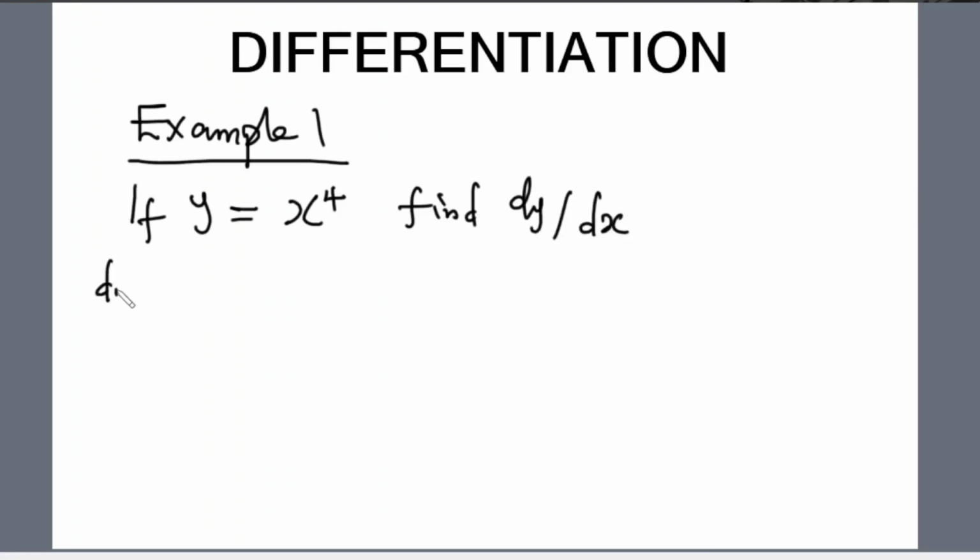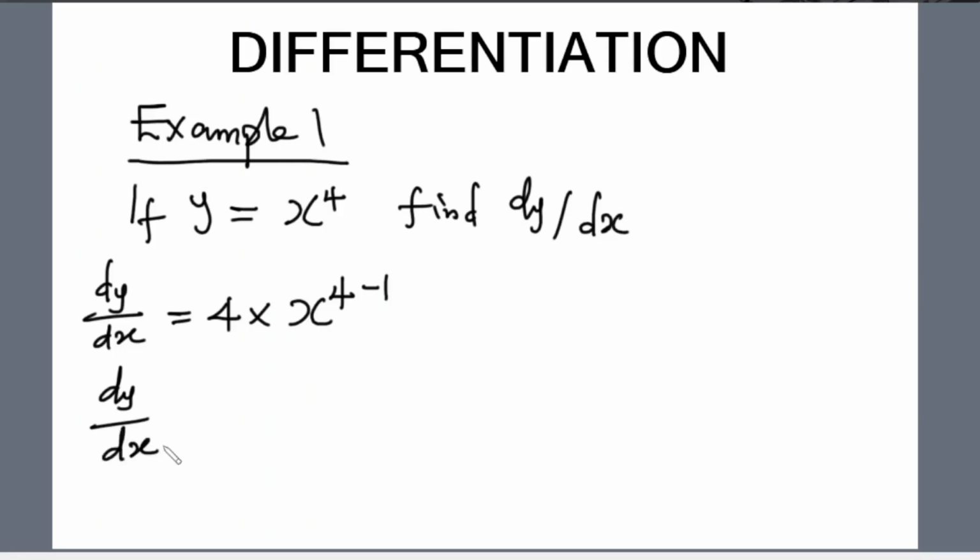So dy all over dx using the general method is this. You multiply x by the power, which is 4 multiplied by x, and then subtract 1 from the power. Now, we have dy all over dx equals 4x raised to the power 3. 4 minus 1 is 3.